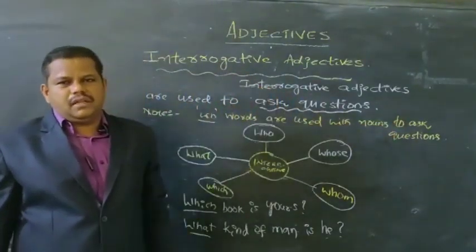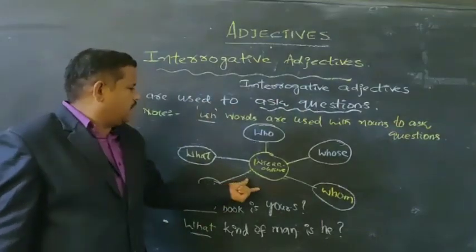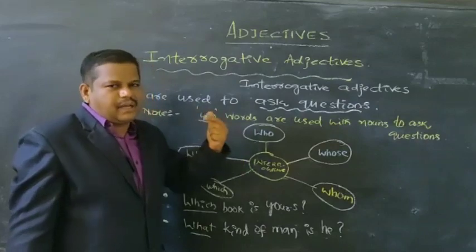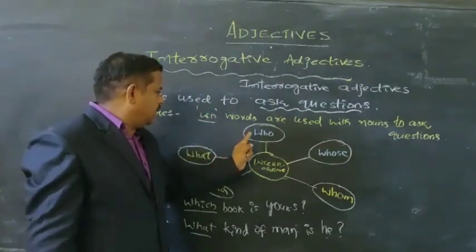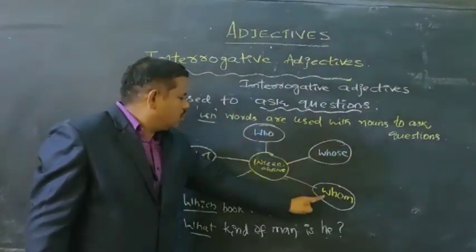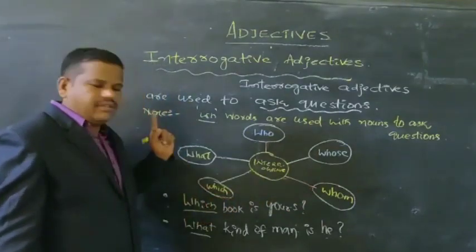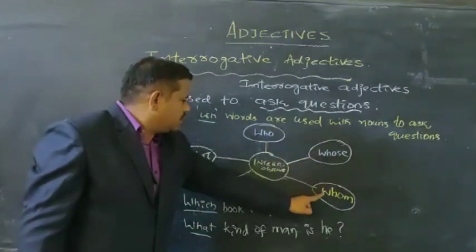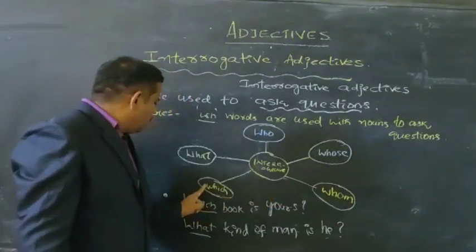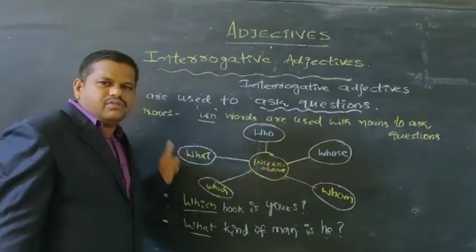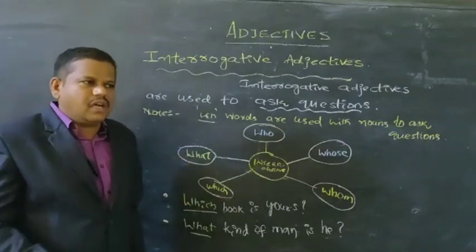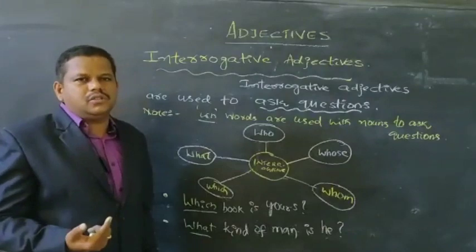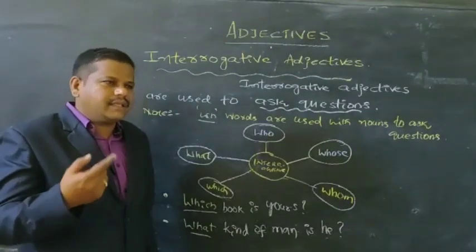What are the WH words here? We will see here, you can understand. In interrogative sentences, what WH words are there in English? Who, whose, whom, which and what. First one is who, second one is whose, third one is whom, fourth one is which, and the next one is what. When you use these words in a sentence, they are actually used for asking a question.